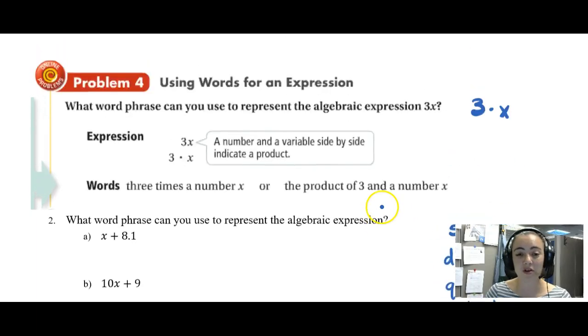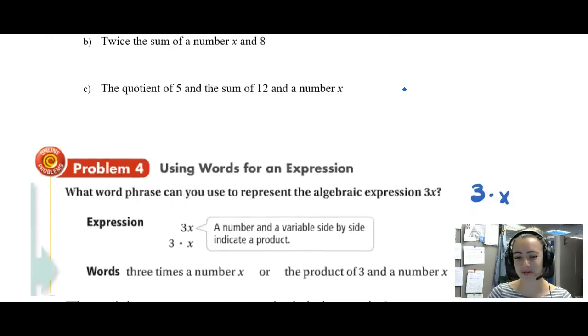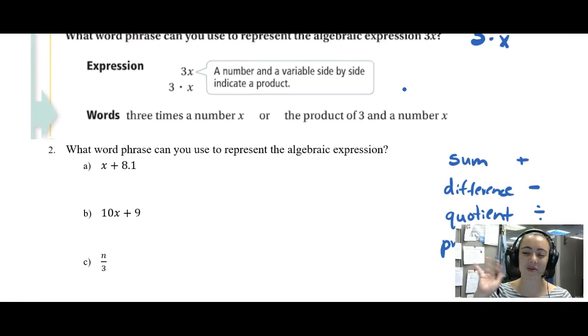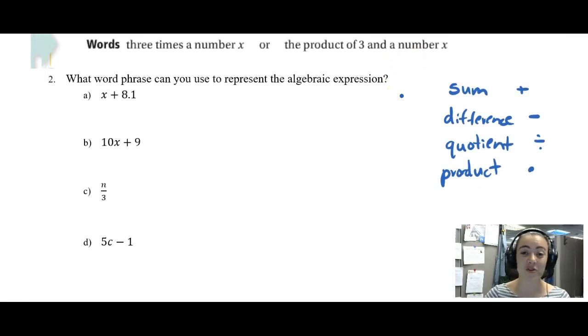Also keep a close eye on when we did 9 less than the quotient of 6 and a number x, to say that you subtract 9 from something else. Keep a close eye on that as well. Make sure you're writing these in the correct order. If you have any questions, you can always ask. So pause the video and try those 4 on your own. Remember, keep track of it because you're going to turn it in at the end of the unit.